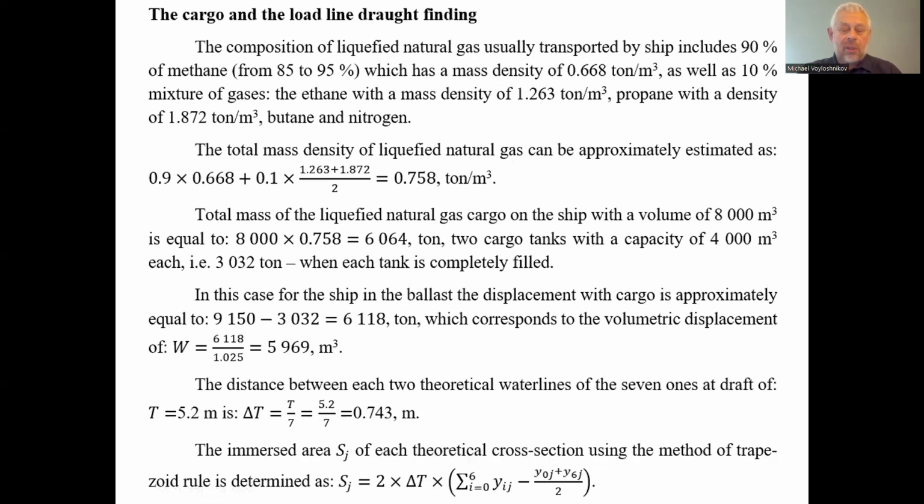I'm sorry. The total mass of liquefied natural gas cargo in the ship: the ship contains two cargo capacities, each with a volume of 4,000 cubic meters. So together they are 8,000 cubic meters. So the maximal amount of cargo on board, by this density with a volume of 8,000 cubic meters, is 6,064 tons.